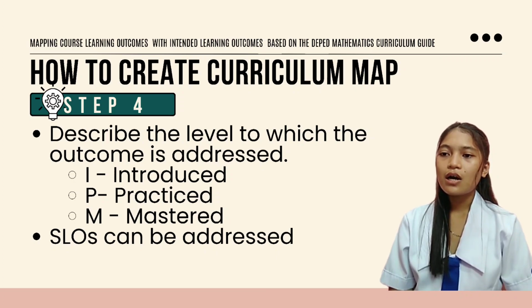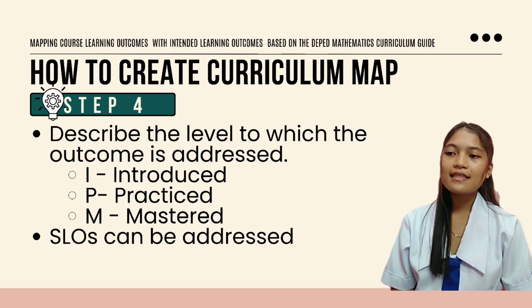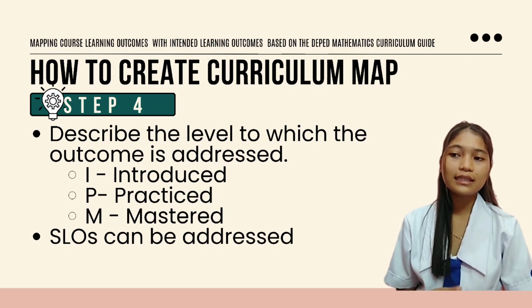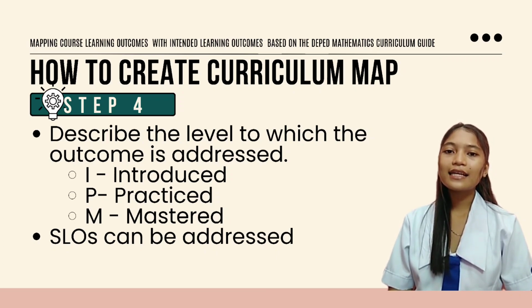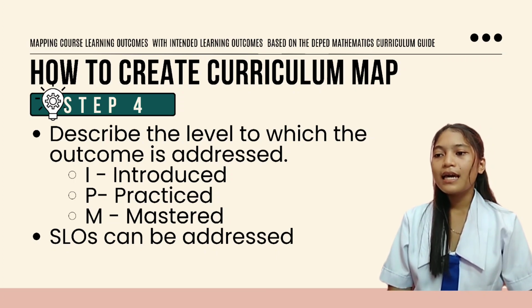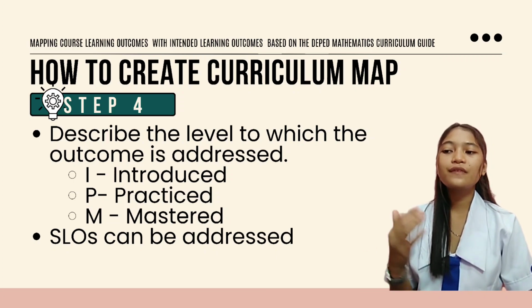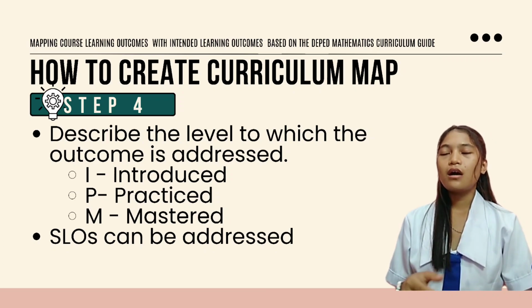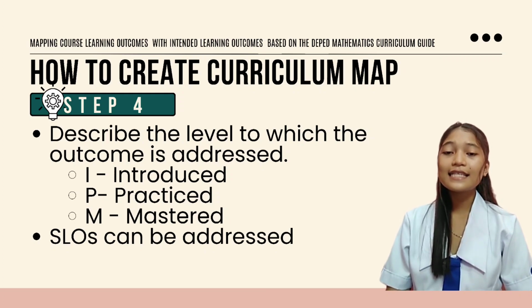Next, practice. It indicates the outcome is practiced, or students are afforded opportunities to practice. Next is mastery. It indicates the students have had sufficient practice and can now demonstrate mastery at the degree exit level.